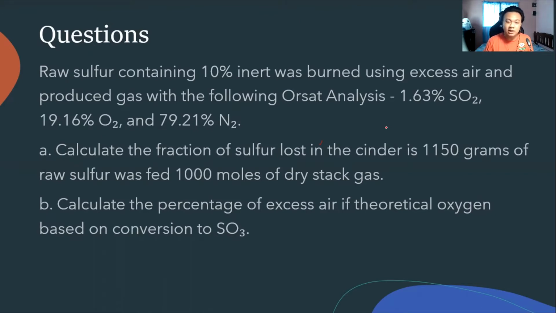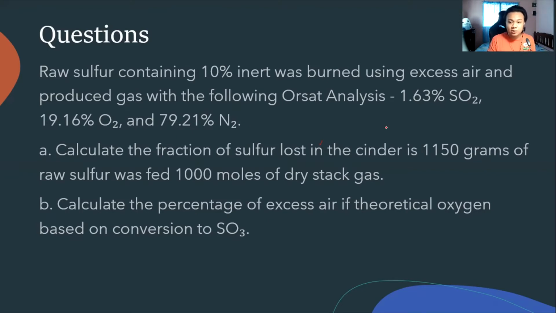We are asked to calculate the fraction of sulfur lost in the cinder, using 1,150 grams of raw sulfur fed and 1,000 moles of dry stack gas, and then calculate the percentage of excess air if theoretical oxygen is based on conversion to SO3.